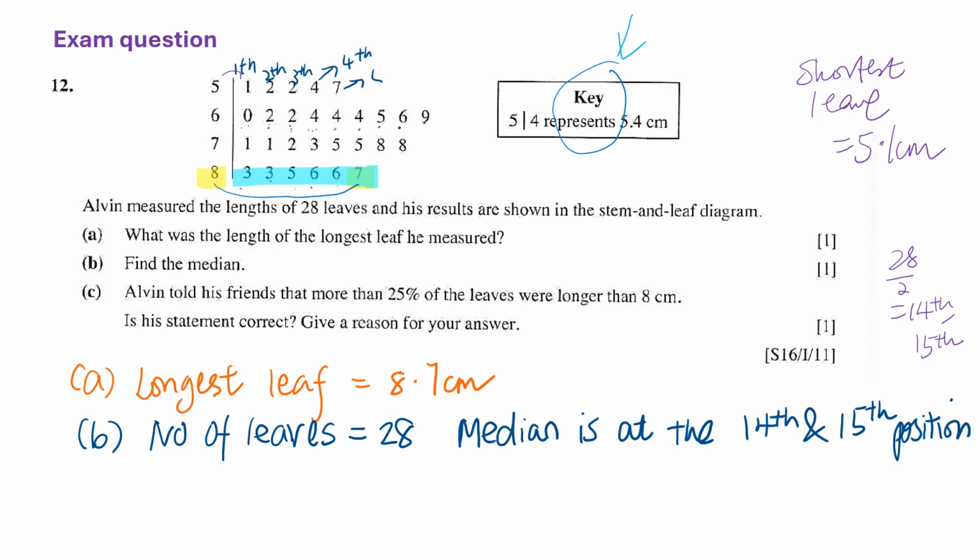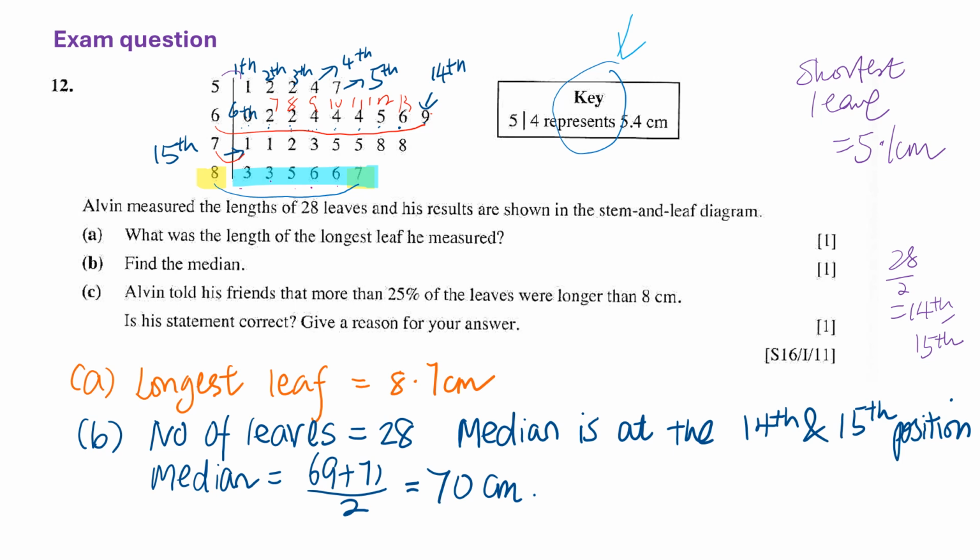That will be 1, 2, 3, 4, 5, 6, 7, 8, 9, 10. This one will be 7, 8, 9, 10, 11, 12, 13. This will be the 14th position, the 15th. So the 14th position will be 6.9. The 15th position will be 7.1. So we add these two different lengths together.